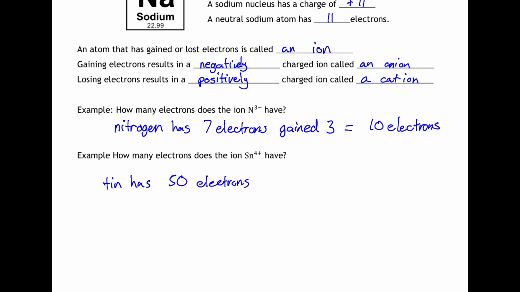Did it gain or did it lose any? It lost, and it lost how many? Lost 4. Can we do the math on that? 46 electrons. So that's our quick math for how to find electrons from ions. You've done this before. It seems pretty straightforward, right? Nice and easy. Good.